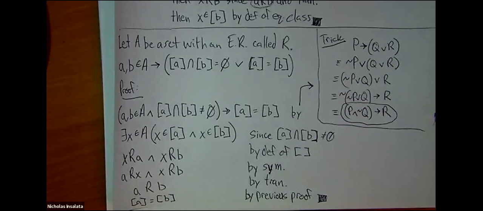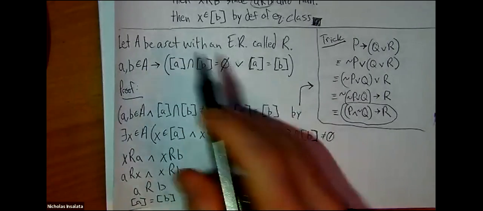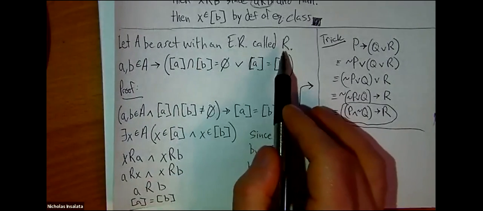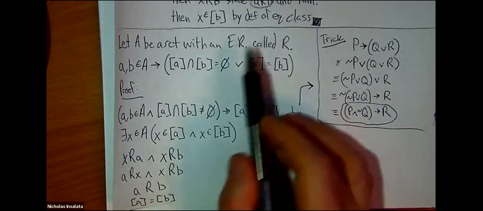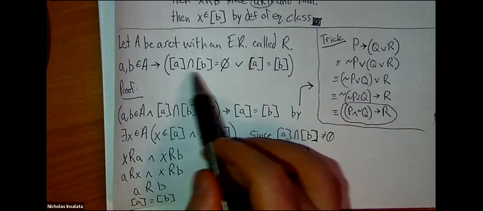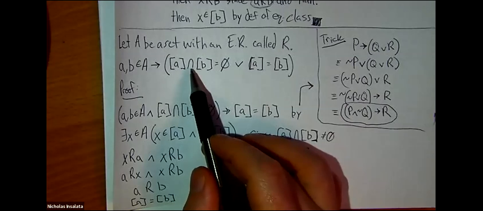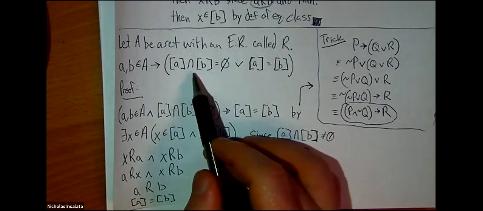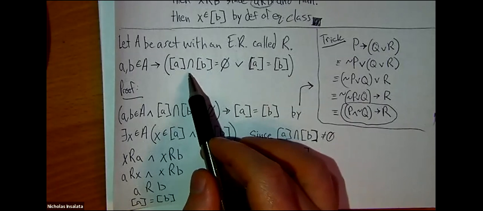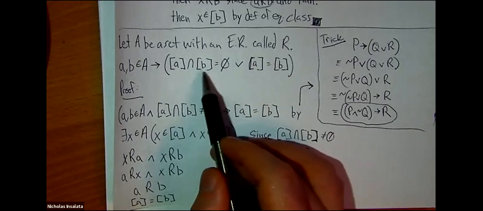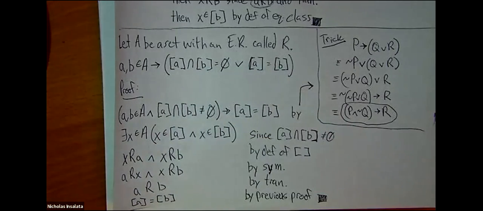So now here's what we've got. We've got an equivalence relation called R, which forms equivalence classes that have an empty intersection between any of the equivalence classes, or they're just equal to each other, right?